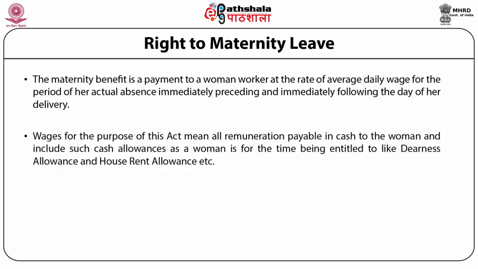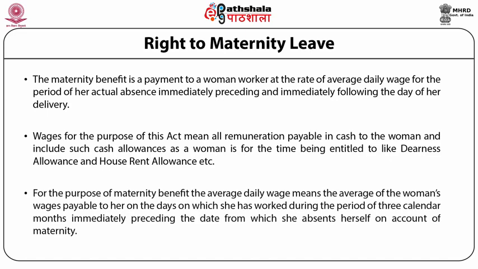Wages for the purpose of this act mean all remuneration payable in cash to a woman and includes such cash allowance as a woman is for the time being entitled to, like dearness allowance and house rent allowance, etc. For the purpose of maternity benefit, the average daily wage means the average of the woman's wages payable to her on the days on which she has worked during the period of 3 calendar months immediately preceding the date from which she absents herself on account of maternity.